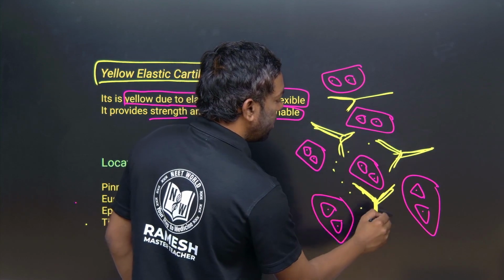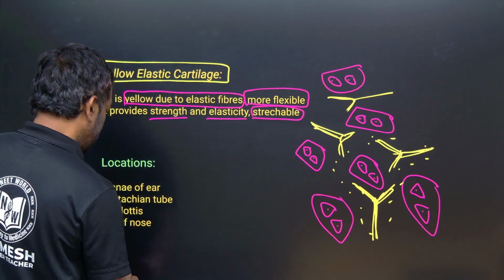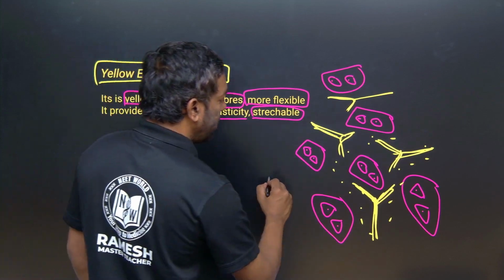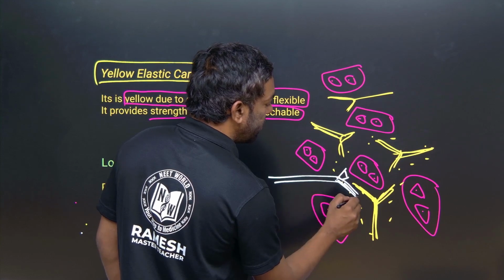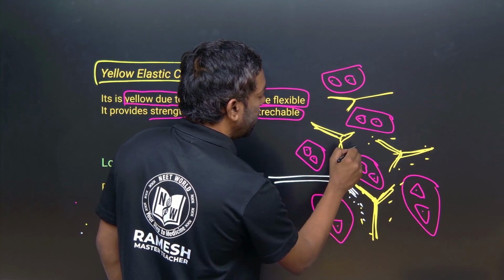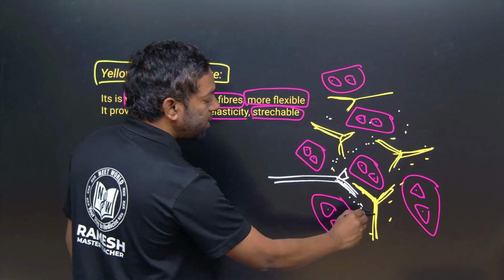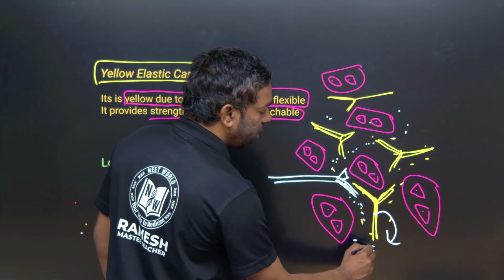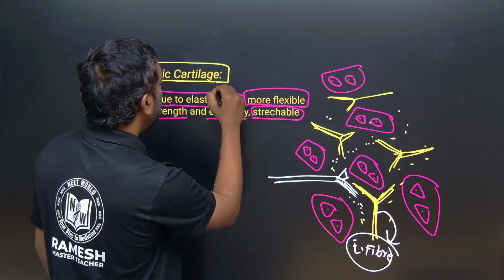These are the elastic fibers. Fibroblast cells created these fibers and the matrix, and there are cells in it. These elastic fibers create the yellowish color.